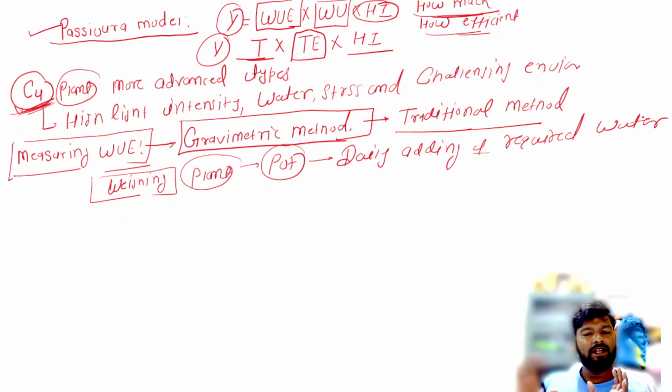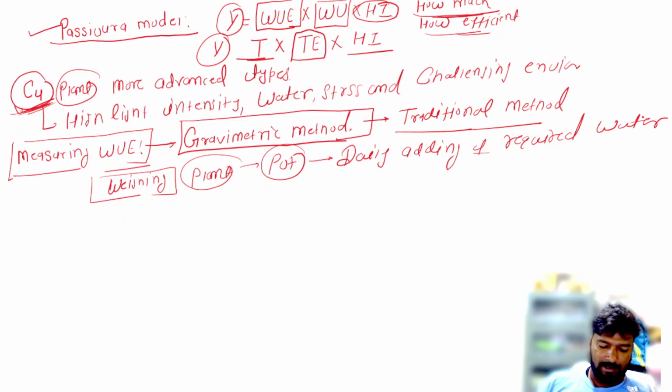So what we do in the gravimetric method, if we conduct a pot experiment, is measure the plant weight or pot weight daily, and accordingly we add the water.